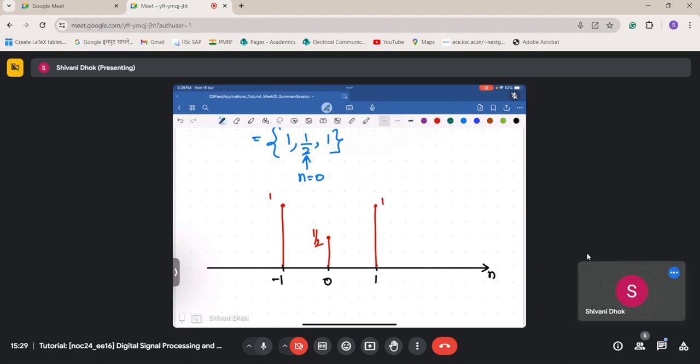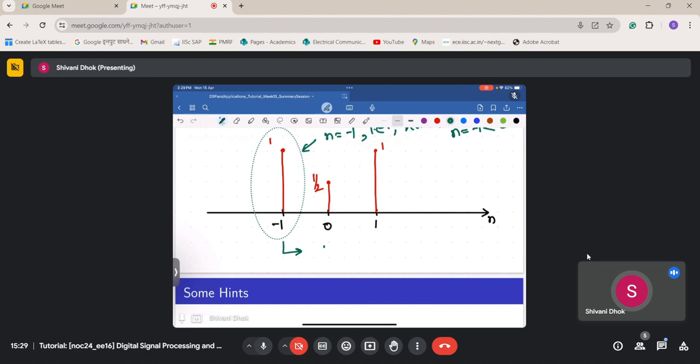Here h of n is not equal to 0 for n equal to minus 1, which is less than 0, which makes this non-causal.